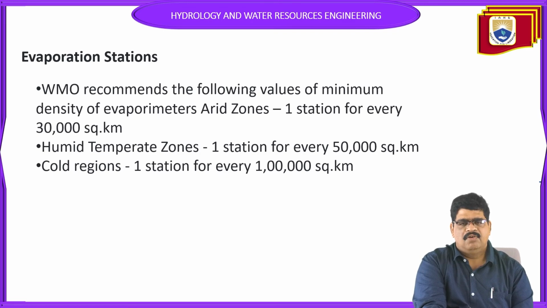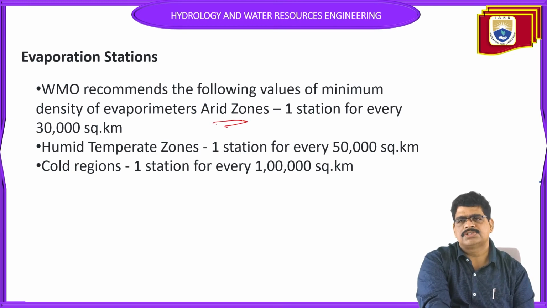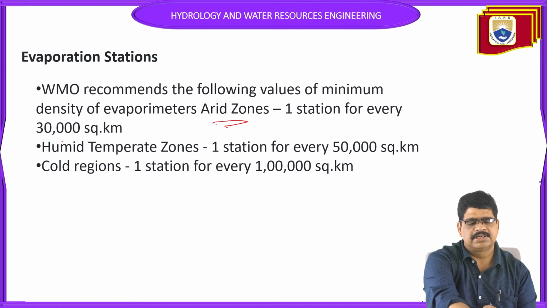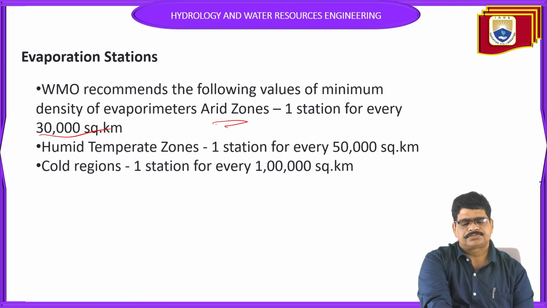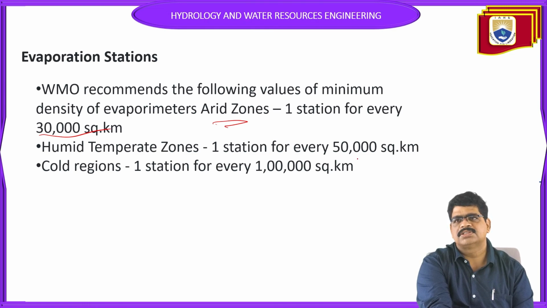Next, evaporation stations: where we have to provide them. Generally, as per the specification guidelines, the World Meteorological Organization recommends the following minimum density values. The first is arid zones: in arid zones, one station for every 30,000 square kilometers. In humid temperate zones, one station for every 50,000 square kilometers.